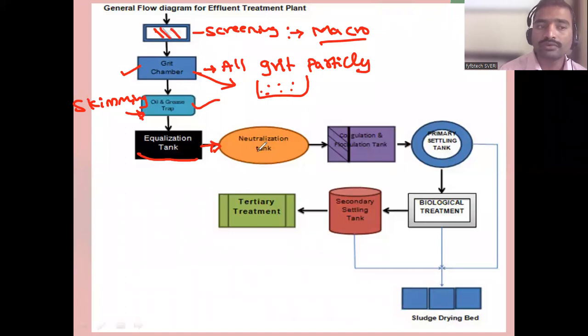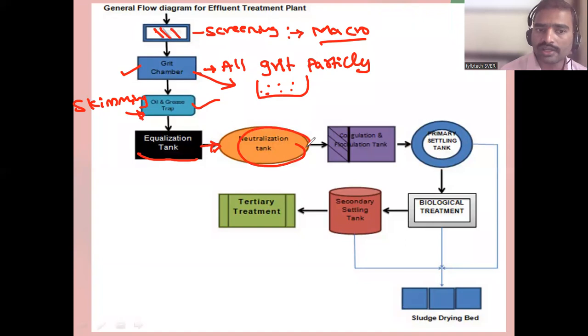Here, if your waste is in acidic condition, it will be made neutral by adding base. If the waste is basic in condition, it will be made neutral by adding acids.